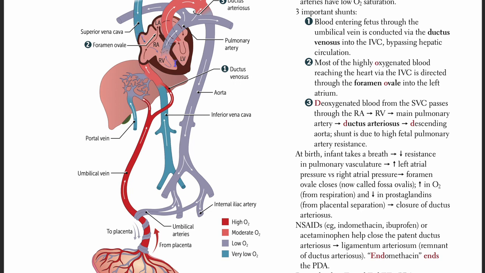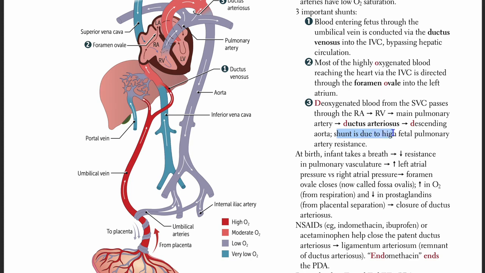So SVC passes through the right atrium, so it comes from up here, so it has a momentum going downwards, right? So it goes down through and through, whereas IVC has a momentum going this way. So this momentum is going to take it to the right ventricle into the pulmonary artery, and from the pulmonary artery, it's going to go through the ductus arteriosus, right? So main pulmonary artery to ductus arteriosus to the descending aorta, okay?